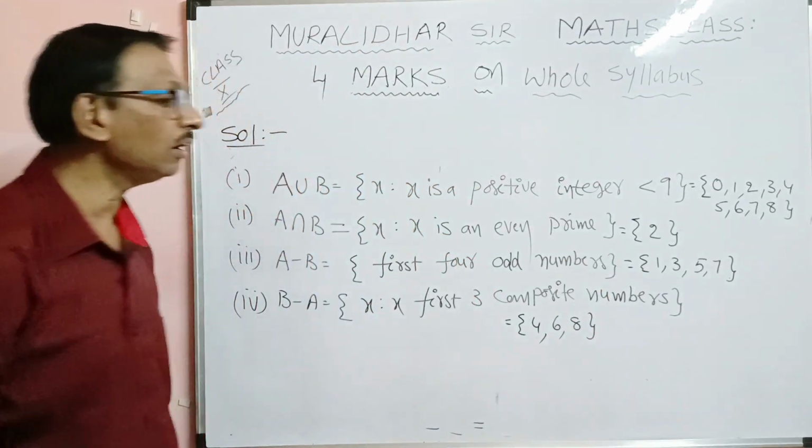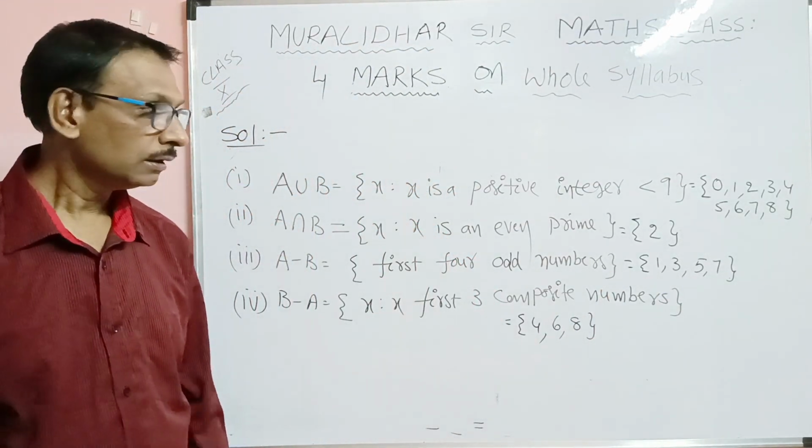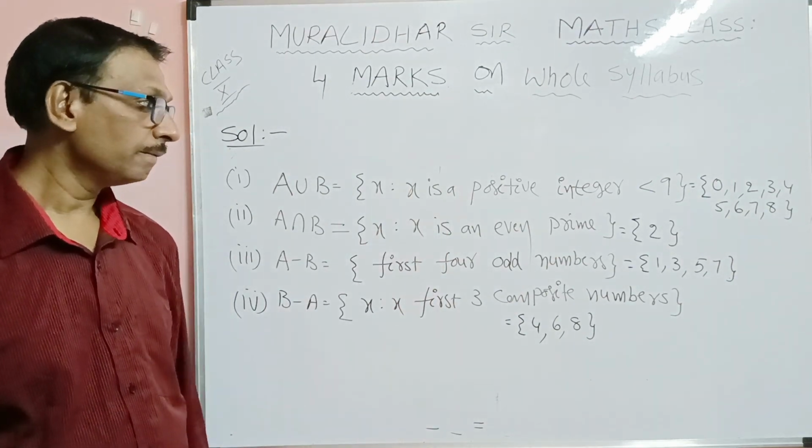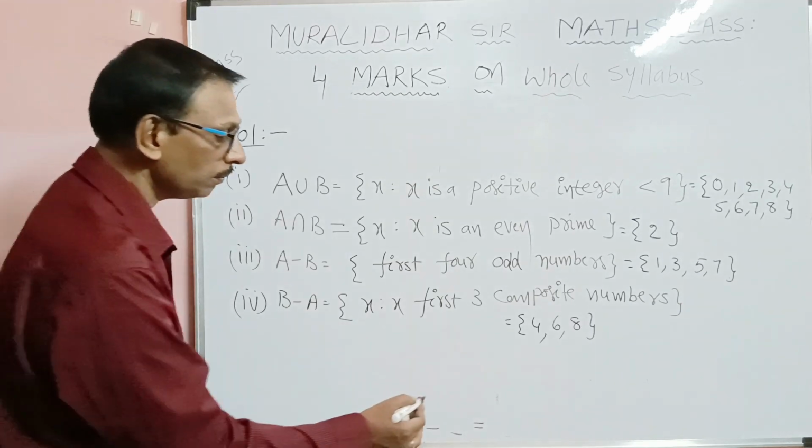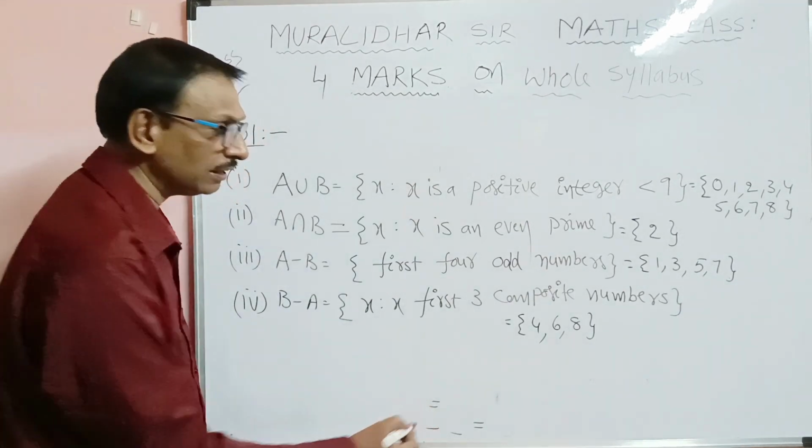The first three composite numbers he asked. Now these are the sets and their roster forms. Now draw Venn diagram by using these roster forms.